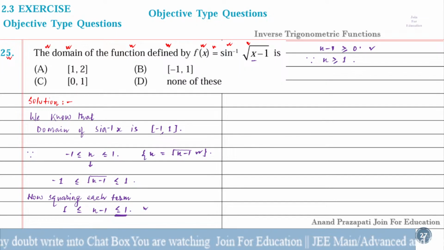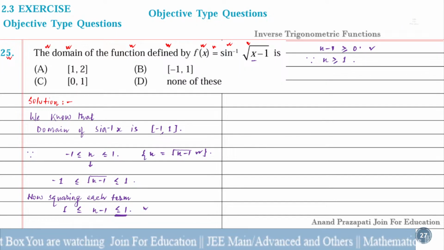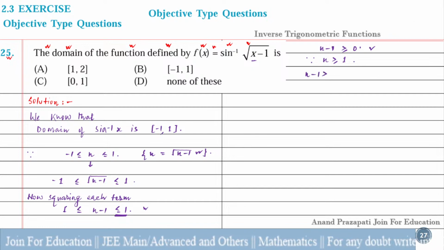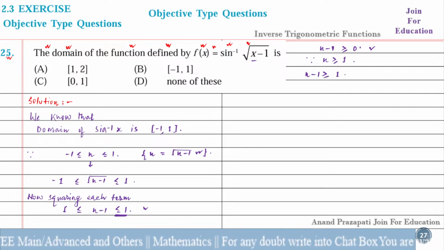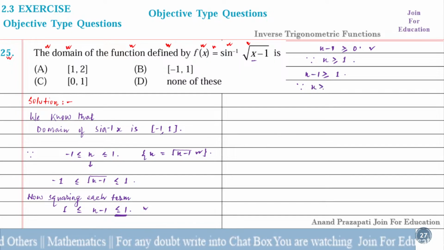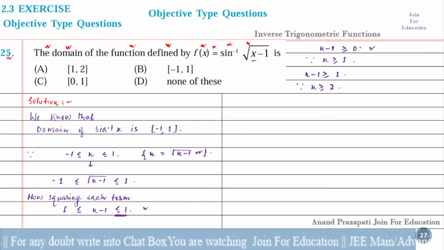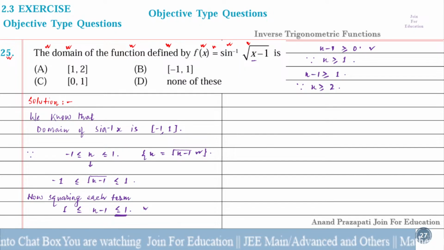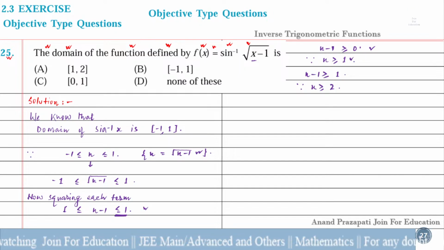Therefore we write down here what? x minus 1 greater than or equal to 1. Therefore x greater than or equal to 2 and x minus 1 greater than or equal to 0. Therefore x will be greater than or equal to 1.